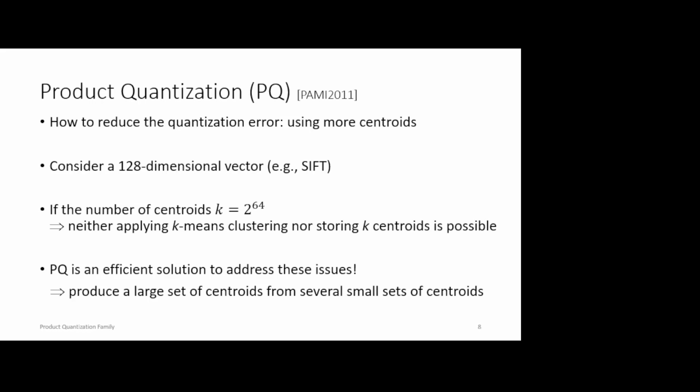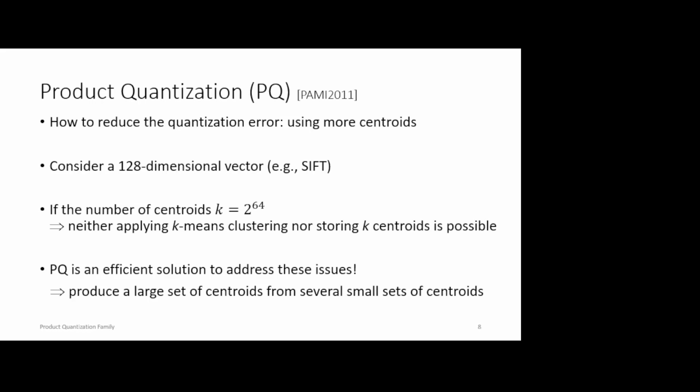Okay, so first, let's start with why PQ was developed. The idea is, if we want to reduce the quantization error, what is the best way? You can use more centroids, and you can effectively reduce your quantization error, right?